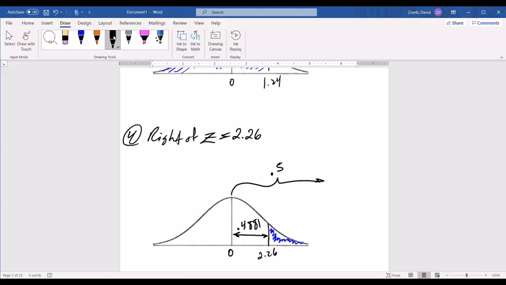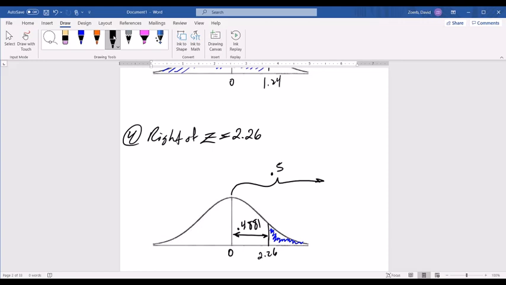But I know this part's 0.4881. So how do you figure out what's left? Say this was just 0.4, to make it easier mental math-wise. If this was 0.4, how much is this? That'd be 0.1, which I got by saying 0.5 minus 0.4 gives you 0.1. You're going to do the same thing.